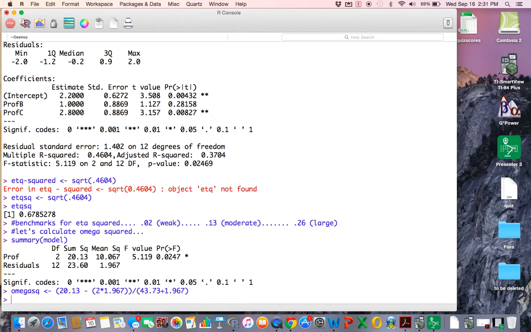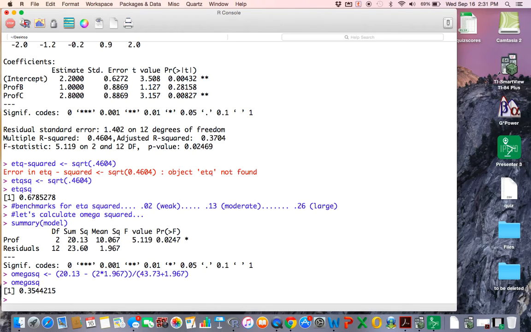All right, so our omega squared is 0.354.